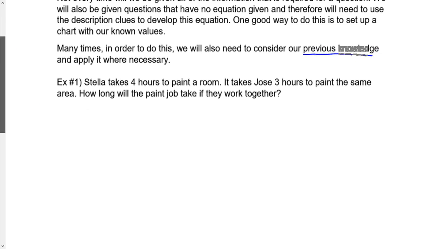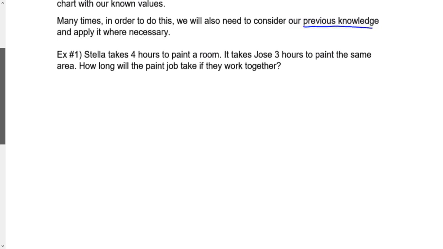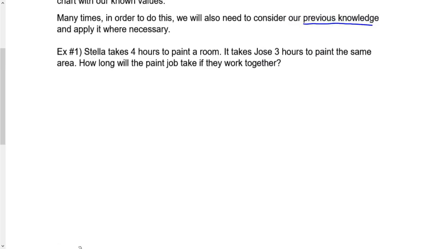So our first example is Stella takes 4 hours to paint a room. It takes Jose 3 hours to paint the same area. How long will the paint job take if they work together? So what we can say is that within 1 hour, Stella would be able to paint a quarter of a room.